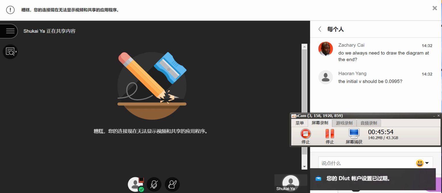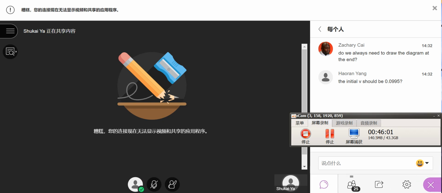For the second one, we introduced another term, the logarithmic decrement. It is equal to ln of ui divided by ui plus 1. This ratio, we call the logarithmic decrement.